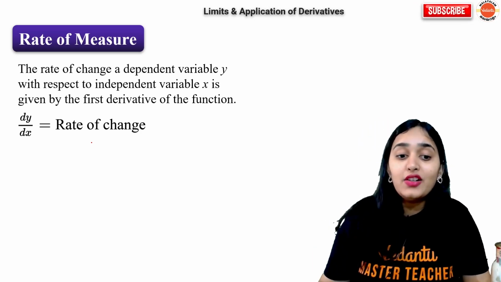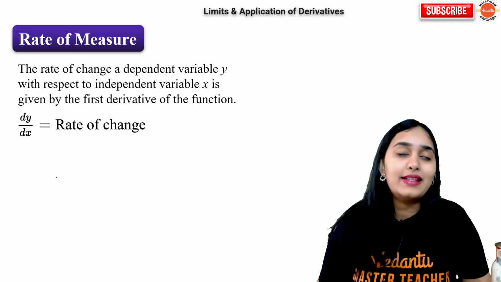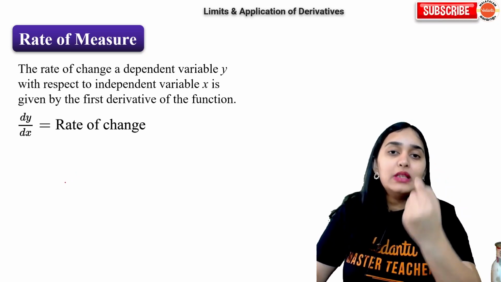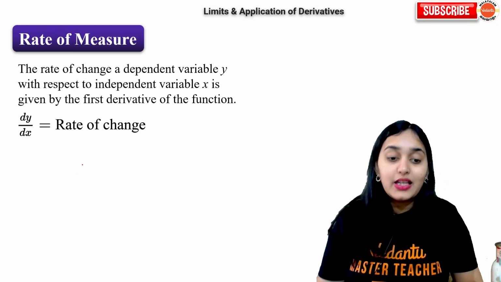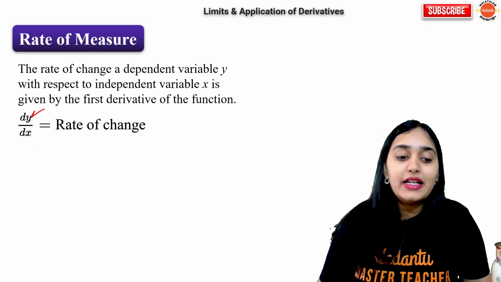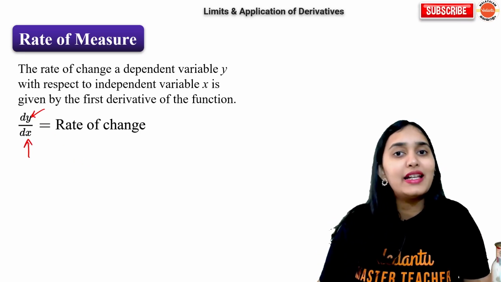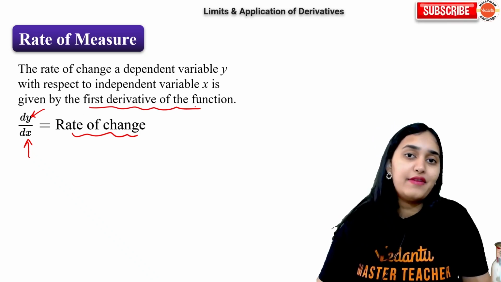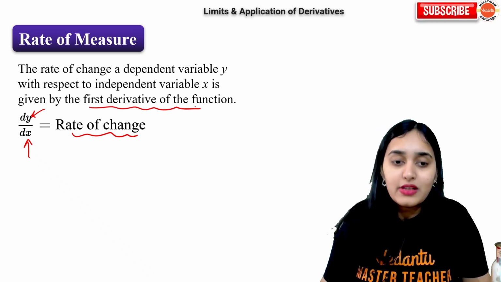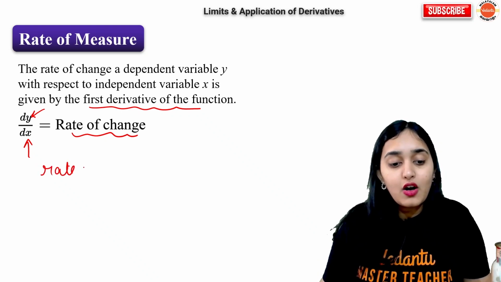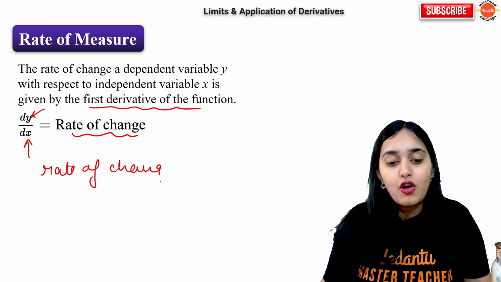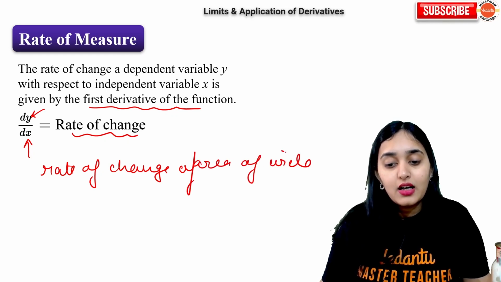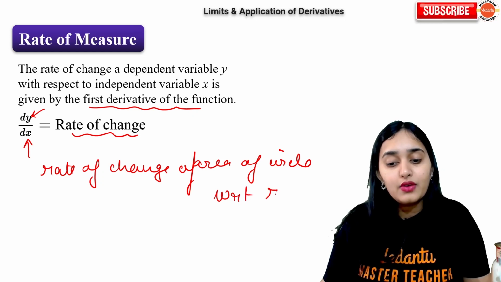Now how do we calculate rate of any measure? Rate is the small deviation in volume with respect to time. Similarly, if we have a dependent variable depending upon an independent variable, then rate of change is the first order derivative of that function. Suppose I want to find the rate of change of area of a circle with respect to radius.